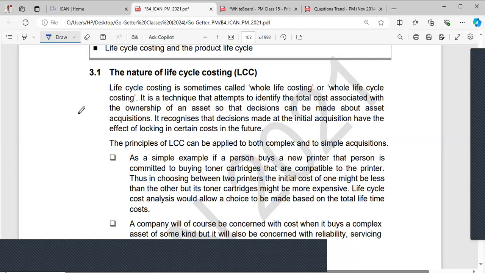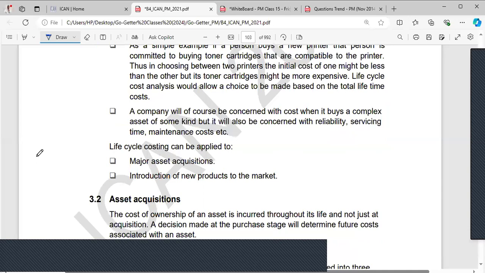A company will, of course, be concerned with cost when it buys a complex asset of some kind, but it will also be concerned with reliability, servicing time, and maintenance cost, like the phone I was telling you about. So life cycle costing can be applied to major asset acquisition and the introduction of new products to the market.